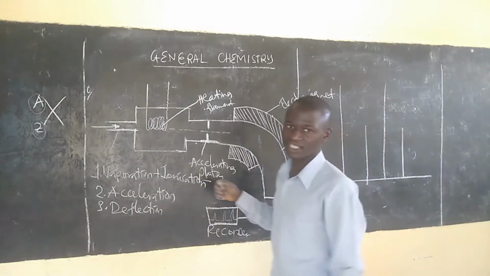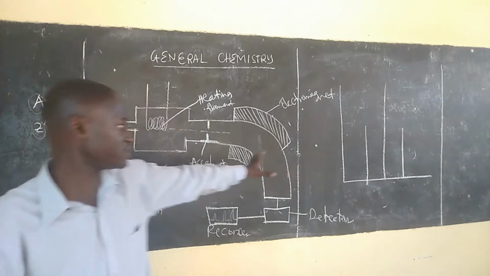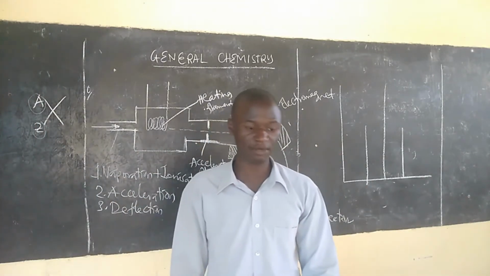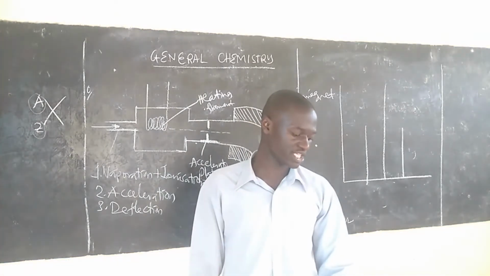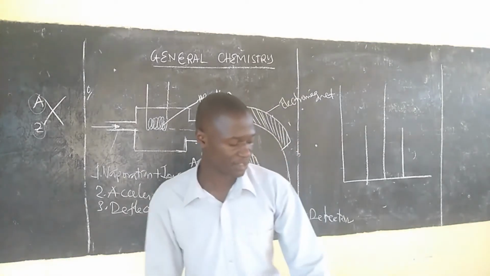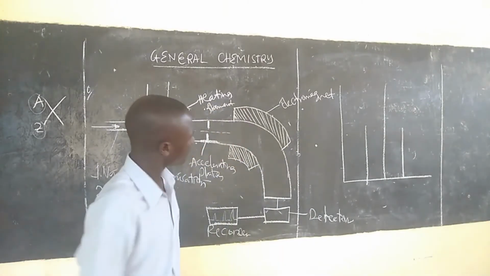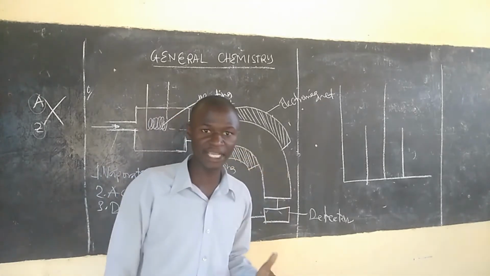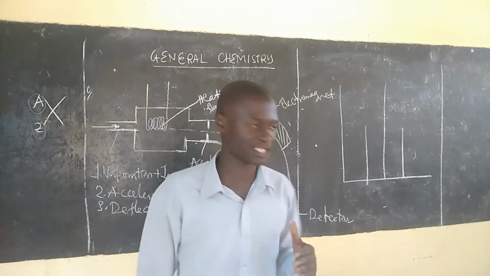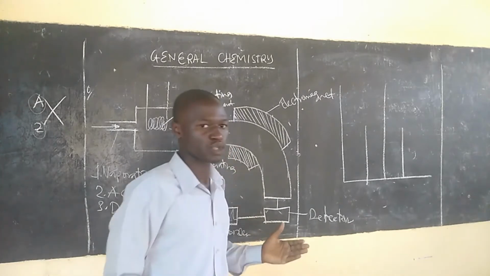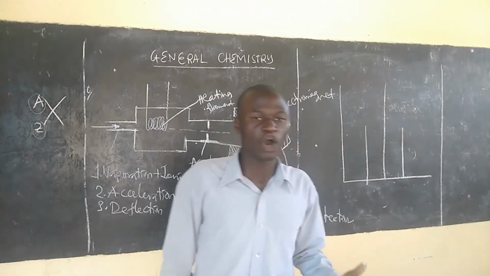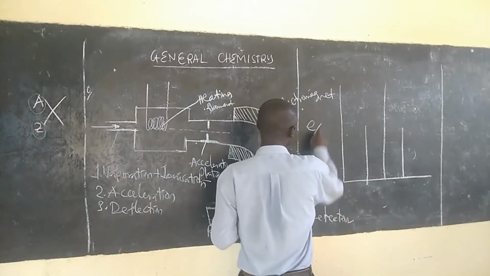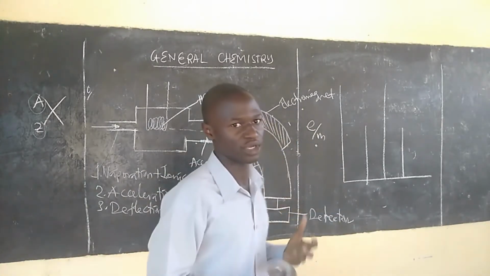Remember, the charges in these isotopes, it is the same because they have the same number of electrons. So the charges after ionization will be the same. But one thing you need to note is that these isotopes, they have different masses. The extent of deflection of an isotope depends on its charge to mass ratio.